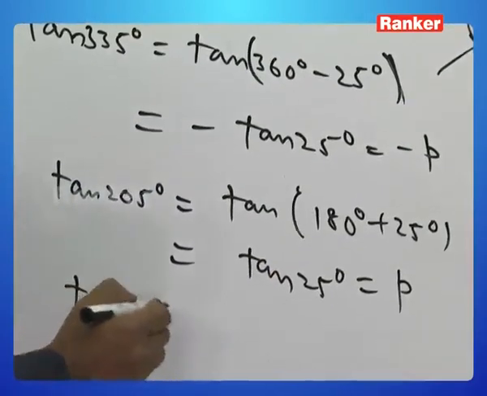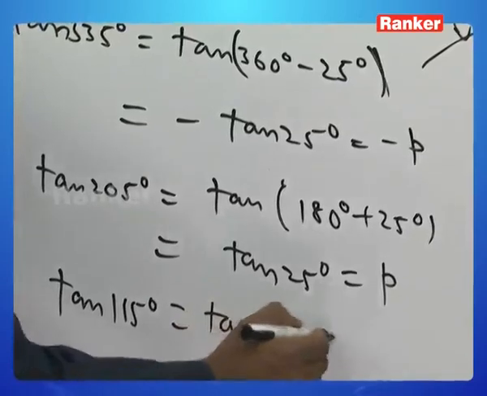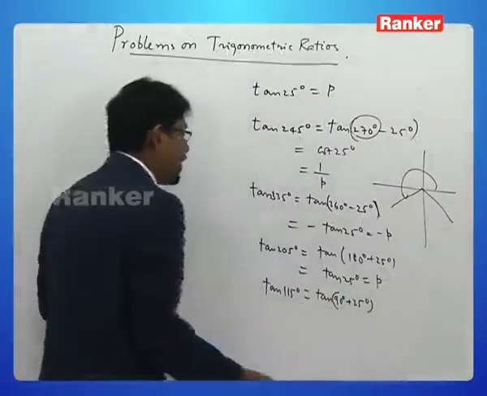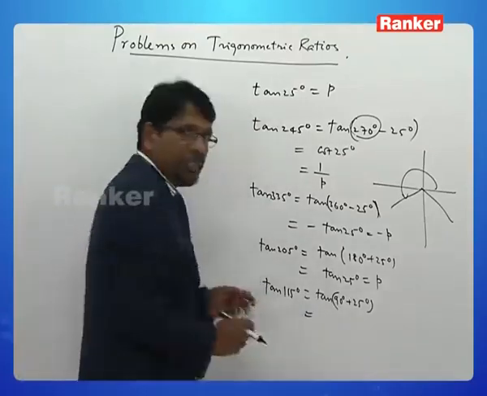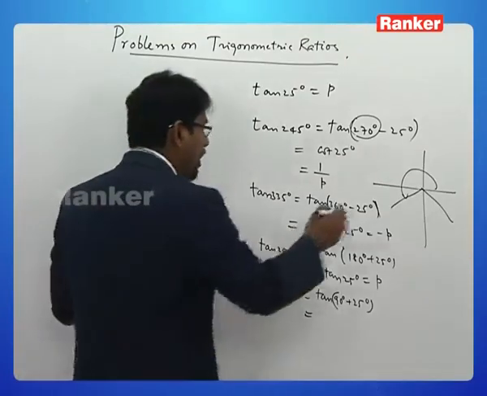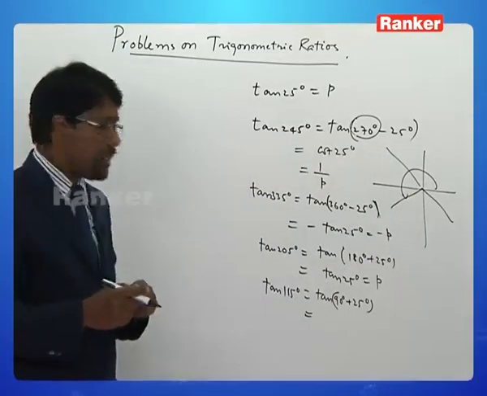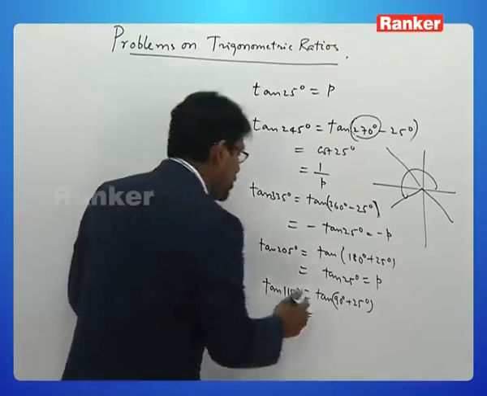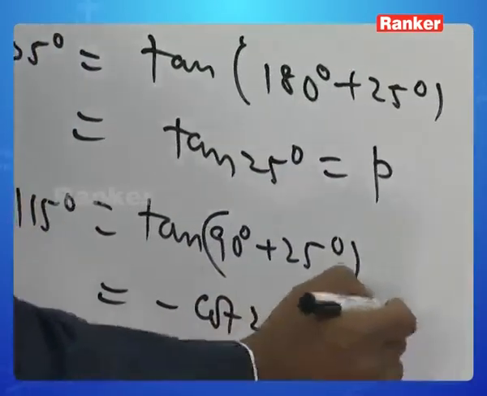That is tan(90 + 25), an odd multiple of 90, so it should change to its cofunction. What is the cofunction of tan? Cot. It lies in the second quadrant, where tan is negative, so you have minus cot 25, that is minus 1/P.